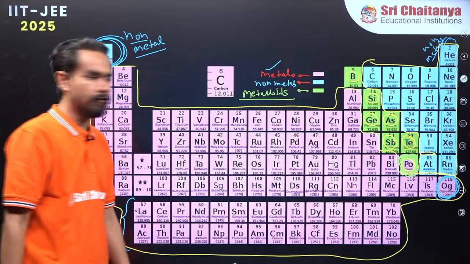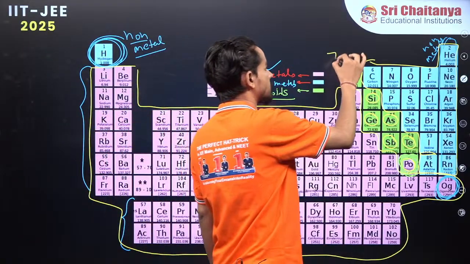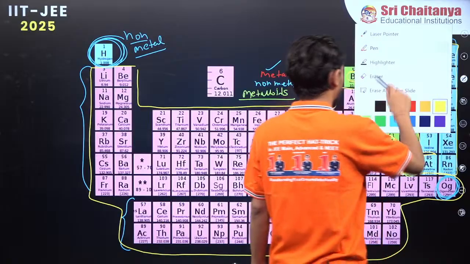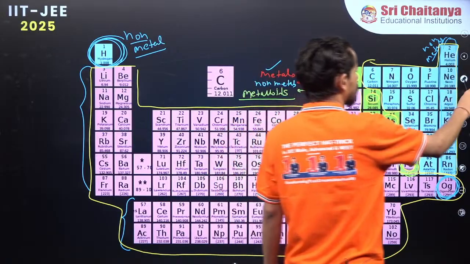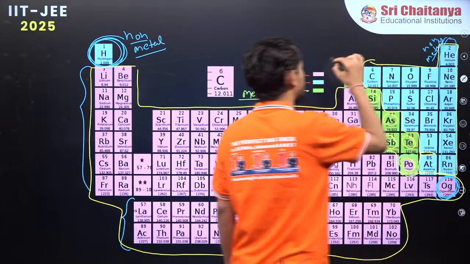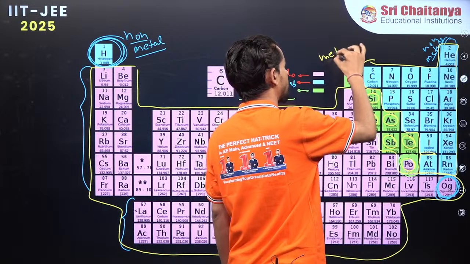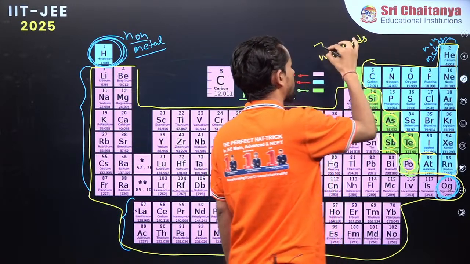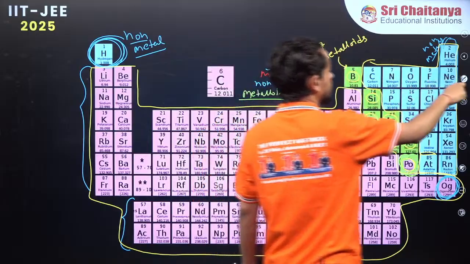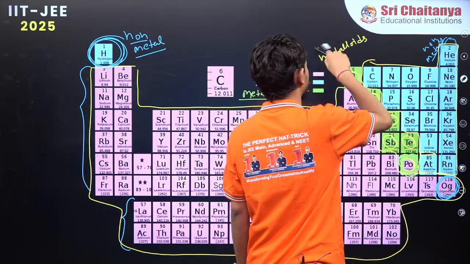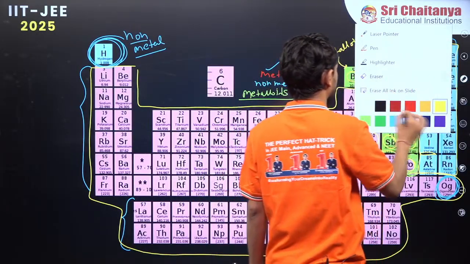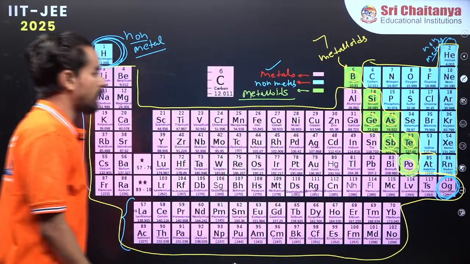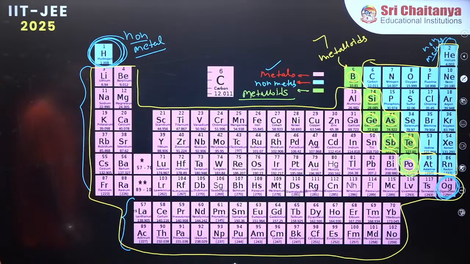These are the 7 metalloids, and try to know about them, that is very, very important. Metalloids, 7 metalloids they are, and the rest you can see they are non-metals.